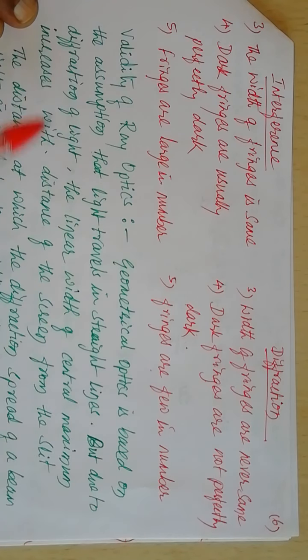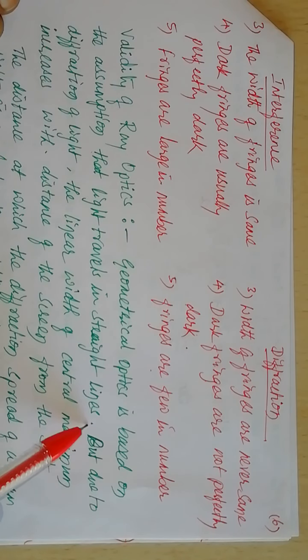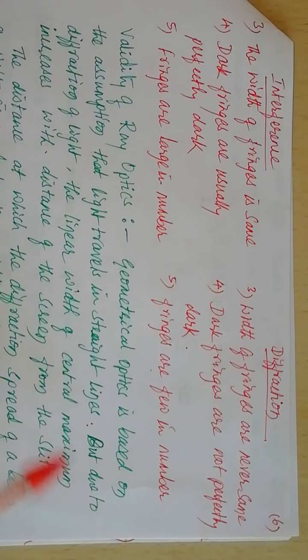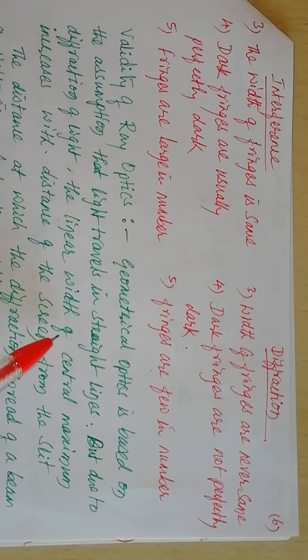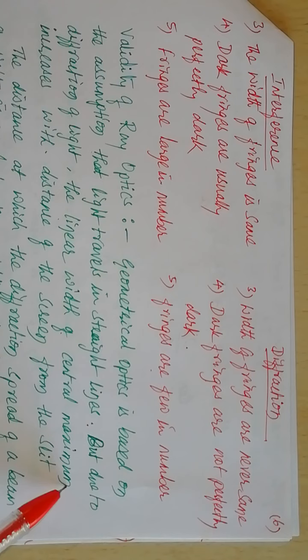Geometrical optics is based on the assumption that the light travels always in straight lines, but due to diffraction of light, the linear width of the central maximum, that is beta, is 2d lambda by a.